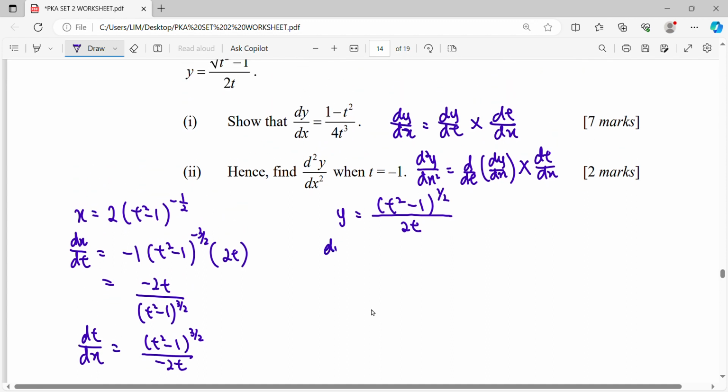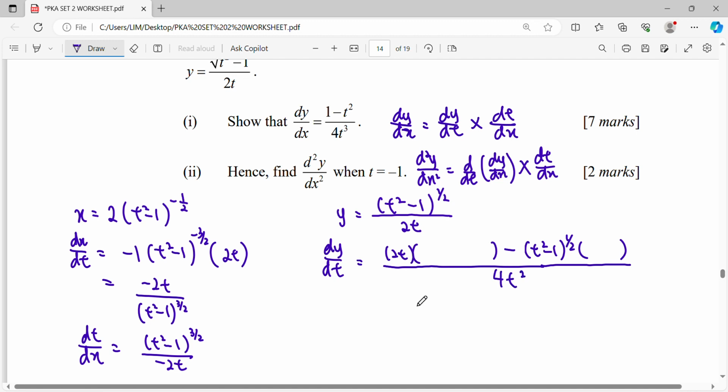So differentiate y with respect to t, quotient rule: copy the bottom, differentiate the top, minus copy the top, differentiate the bottom, then bottom squared. The bottom squared, so 2 squared becomes 4, t squared becomes t squared.